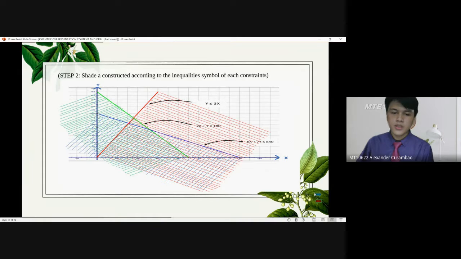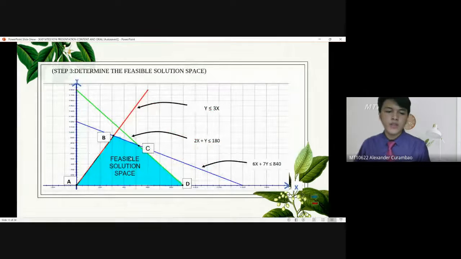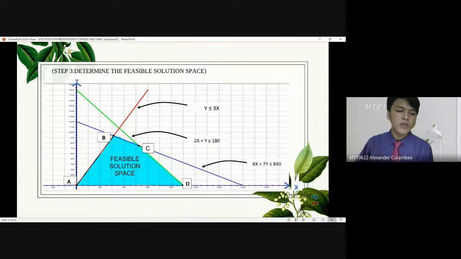So this is the shaded region, and we call it the feasible solution space. Then don't forget to plot all the vertices of this feasible solution space. We can see here this is a triangle form. Okay, we finished step 3.